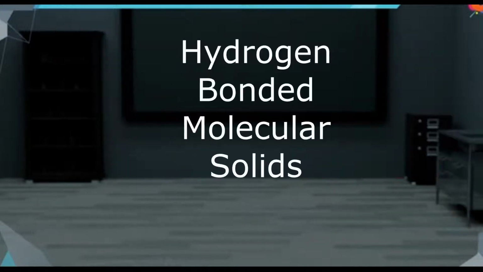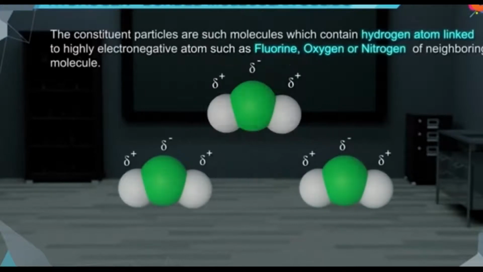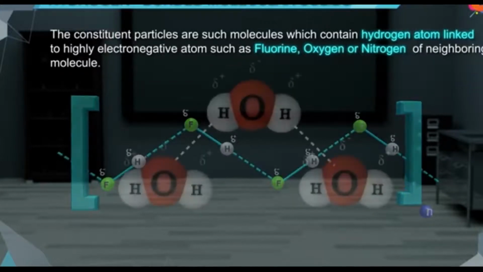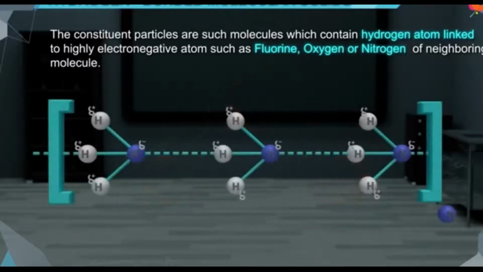Hydrogen bonded molecular solids. In hydrogen bonded molecular solids, the constituent particles are such molecules which contain a hydrogen atom linked to a highly electronegative atom such as fluorine, oxygen or nitrogen of neighboring molecules.